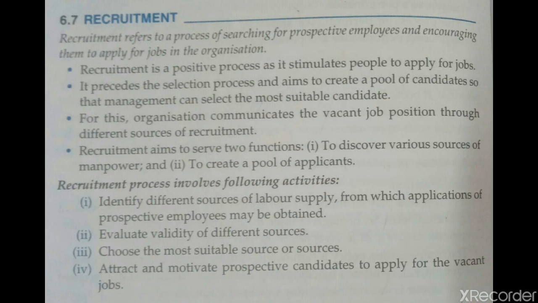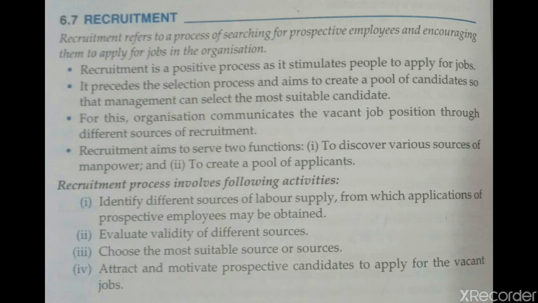First we have to identify the different sources from where workers can come. Then we have to evaluate the different sources. We have to check their advantages and their limitations. Then we have to choose the most suitable source, and we have to attract and motivate people to apply for the jobs from that source.